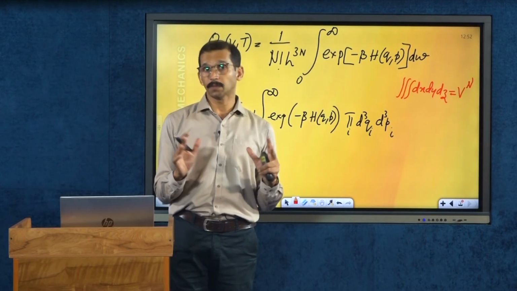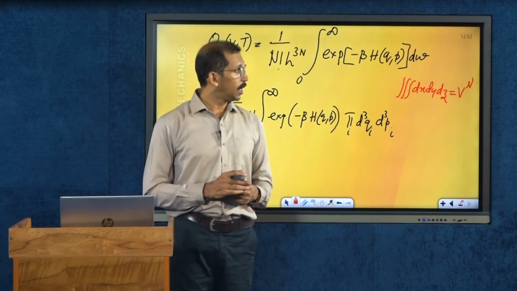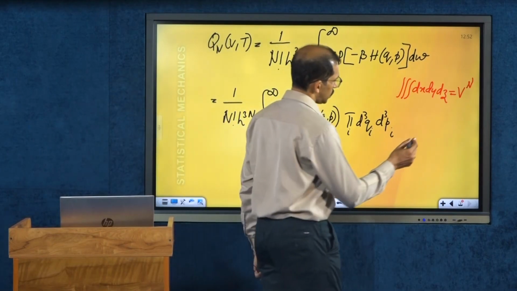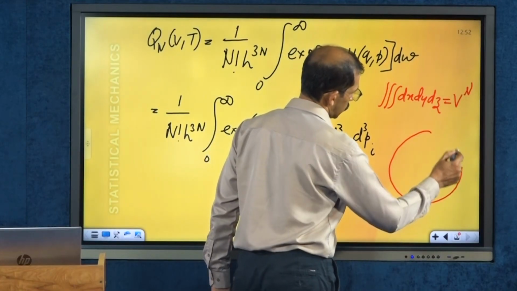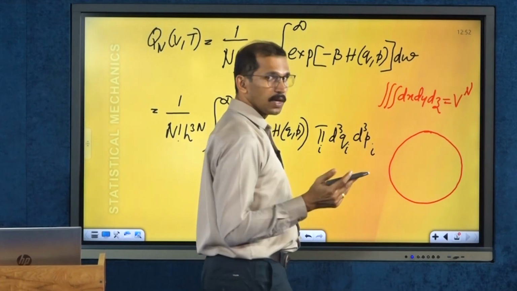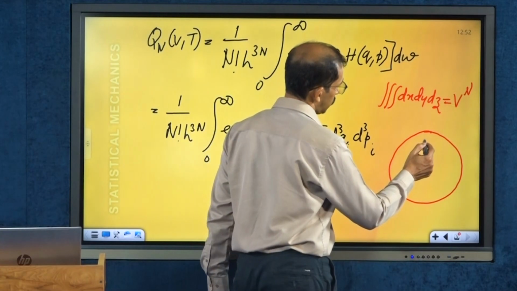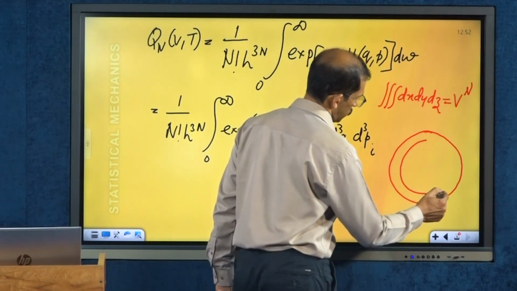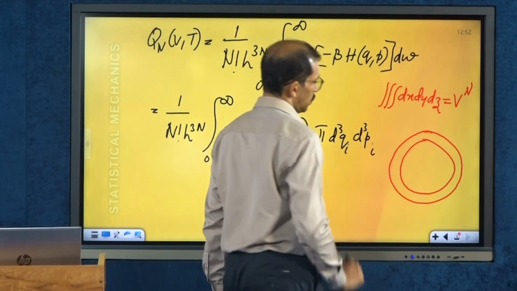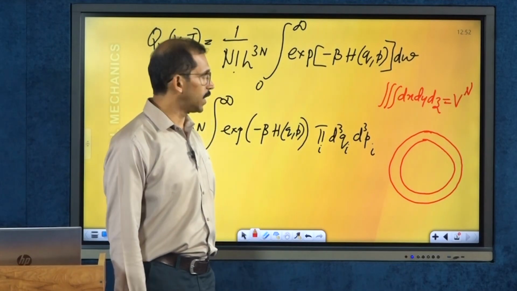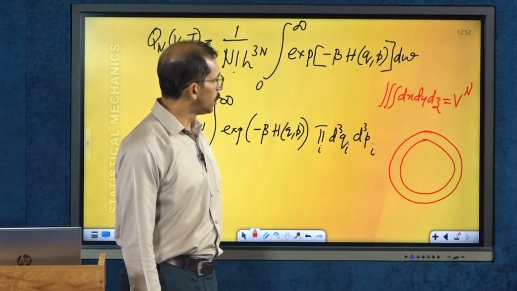There is a volume corresponding to that momentum space. So, let's calculate it. This is the sphere in which, say, our system is occupied, and we are cutting a shell out of that sphere.